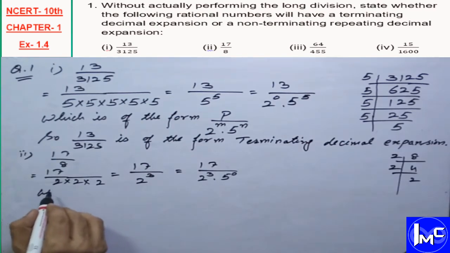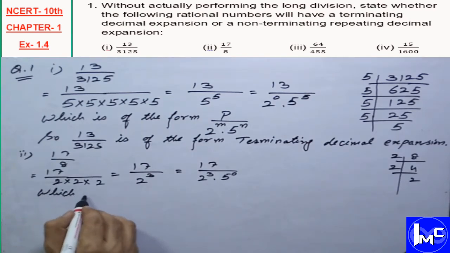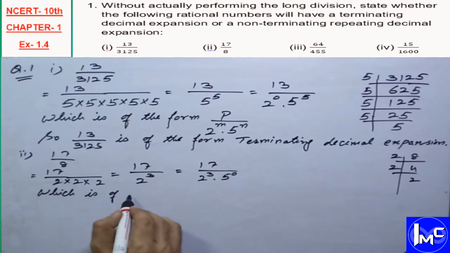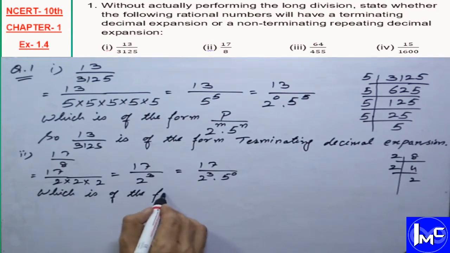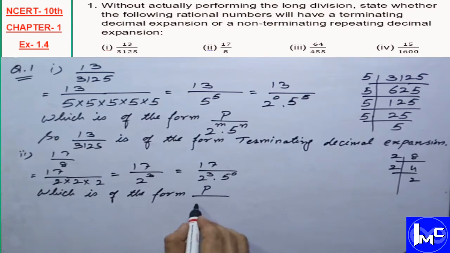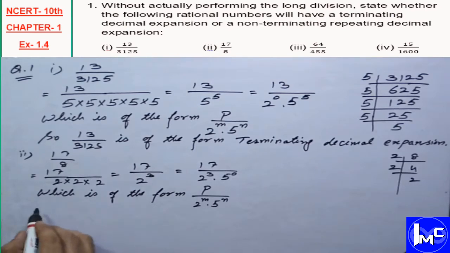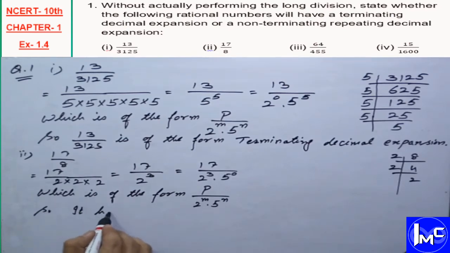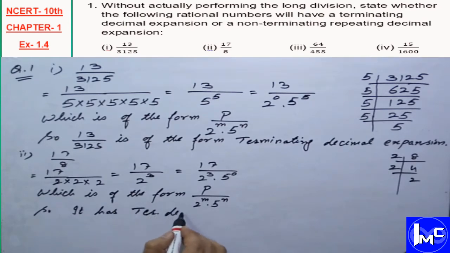Again, which is of the form P over 2 raised to power m 5 raised to power n. So it has terminating decimal expansion.